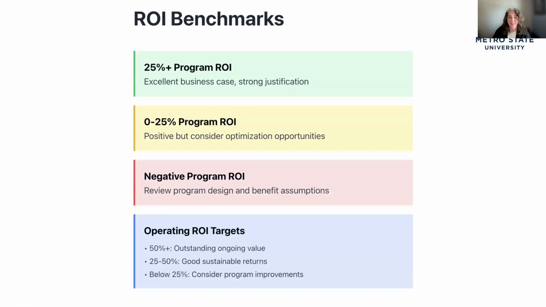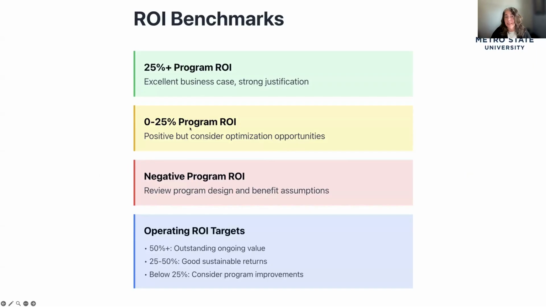So some benchmarks, right? This is very subjective, but if you have a 25% program ROI or above, this is an excellent business case, in my opinion, and not just mine. But I can't tell you whether that would be true in your organization.